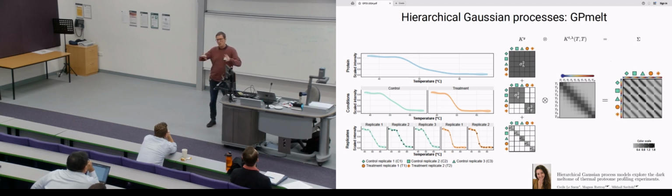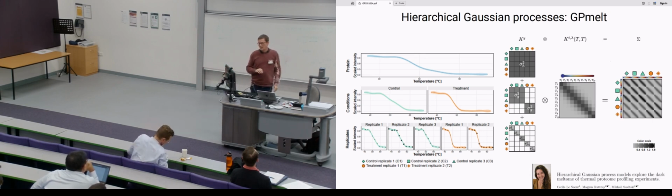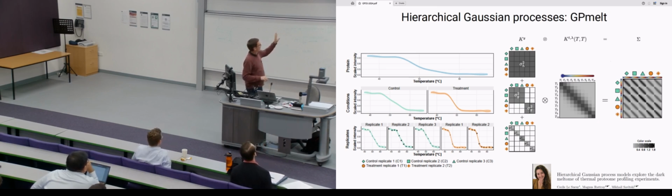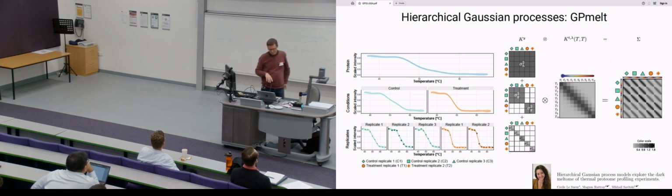So we want to go away from the parametric form, but we do want to share information across all the experimental data we have. So we're using a hierarchical Gaussian process, which tries to capture the shared behavior of all the different conditions and the replicates, while also being very flexible in terms of the shape.